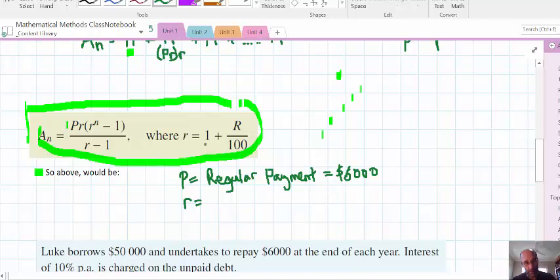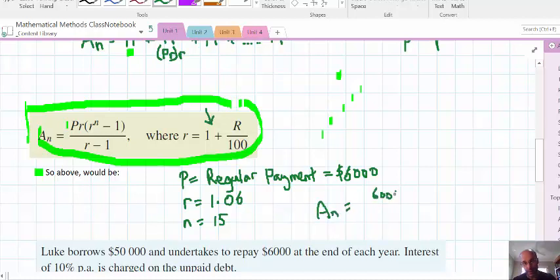In this case it's $6,000, and we've got the interest rate, which is the growth rate. Okay, it's actually not the interest rate, it's 1 plus the interest rate over 100 like we've been doing previously. So that's the growth rate of the money, or the common ratio. So that's 1.06, and n is the number of payments made, and it's also the number of years as well, and that's 15 in this case.